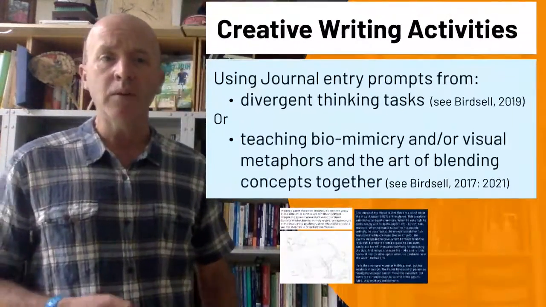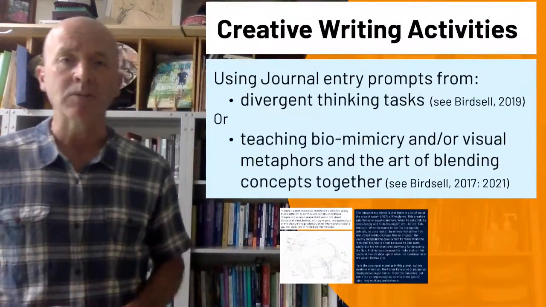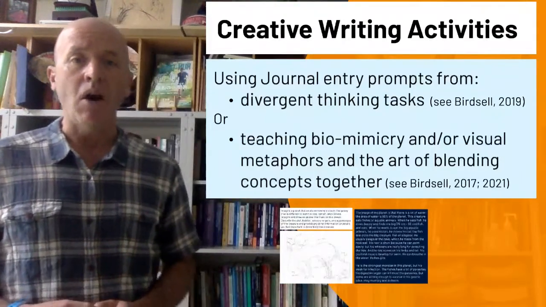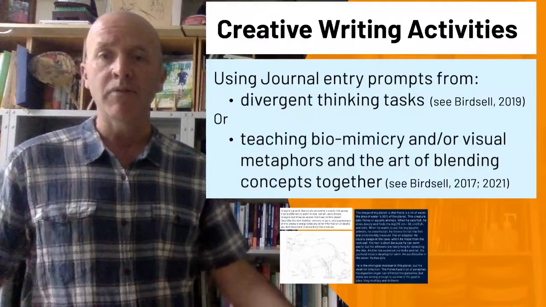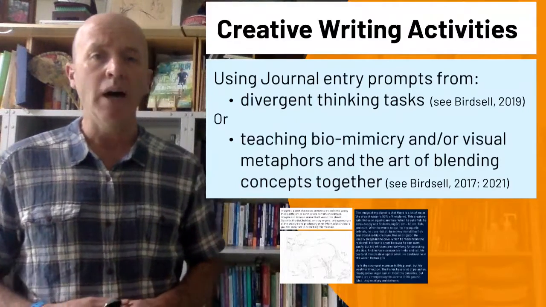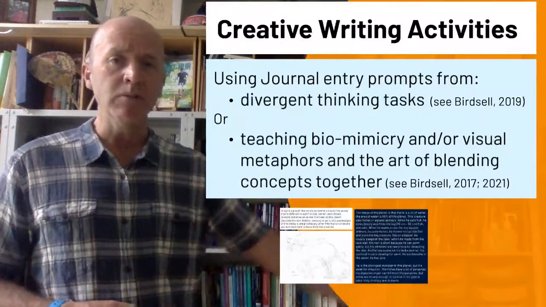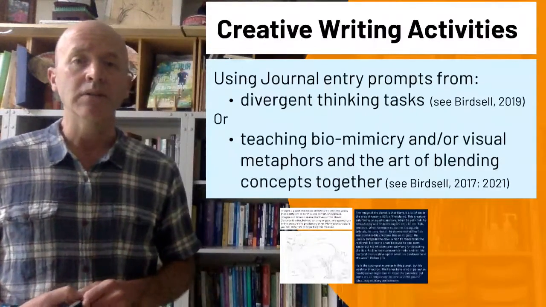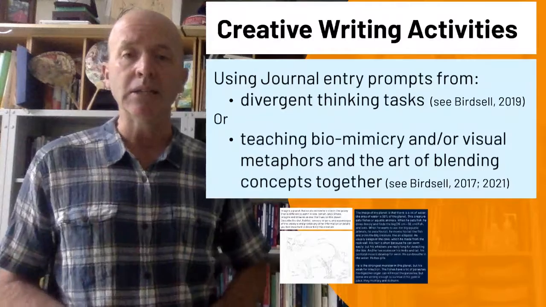And what do I mean by that? Well, the creative writing activities I've done in my classroom are often in the form of a journal. I'll often use divergent thinking tests to stimulate some creative ideas.